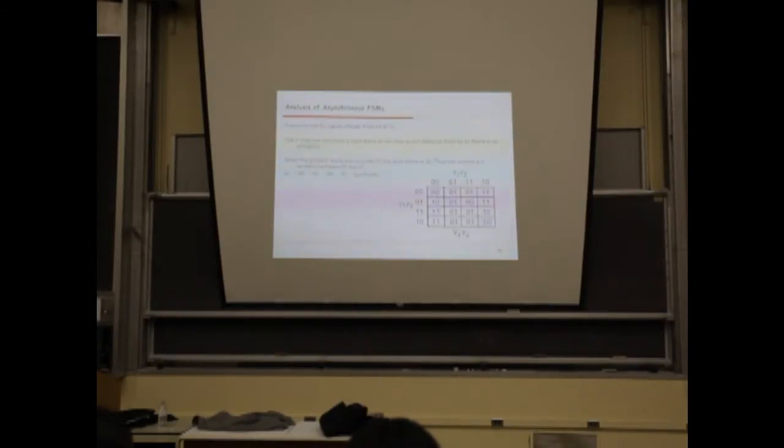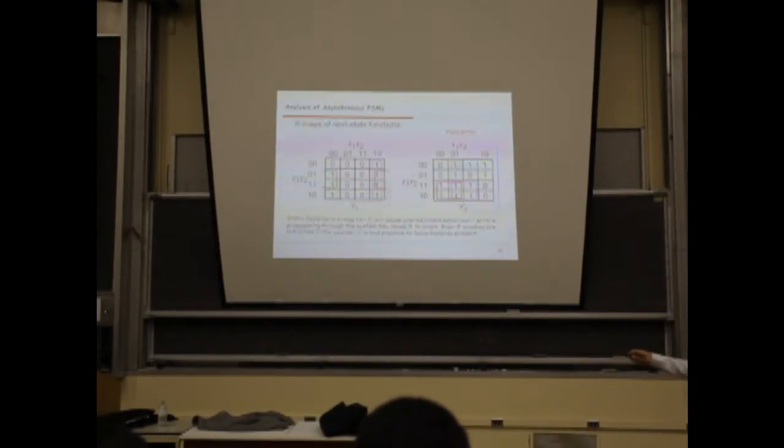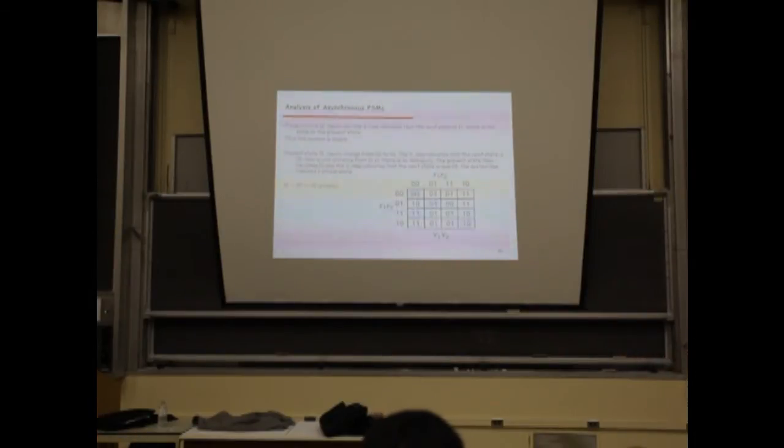So assuming that we started at, am I right here? Yeah, okay. Assuming that we started at state 1, and the input 0, 0. So we are here, and the input 0, 0. So we are going to stay at 1, 1. That's fine. Okay?